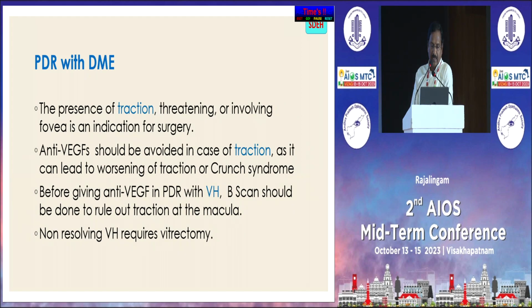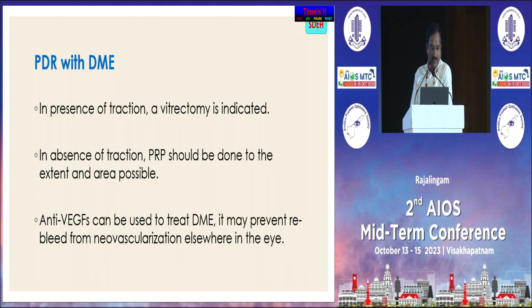Traction threatening or involving the macula is an indication for surgery. Anti-VEGF should be avoided in case of traction, as it can lead to worsening of the traction or crunch syndrome. Before giving anti-VEGF in PDR with vitreous hemorrhage, B-scan should be done to rule out any traction involving the macula. Non-resolving vitreous hemorrhage always requires surgery.